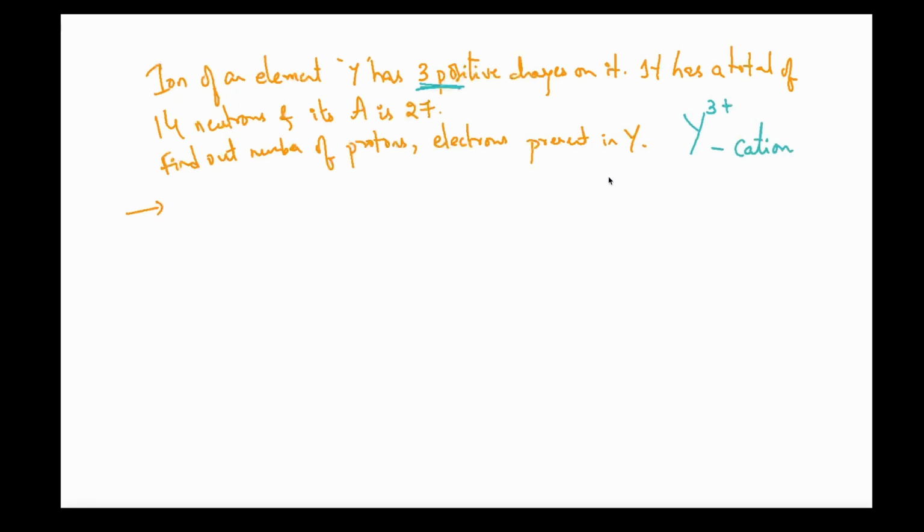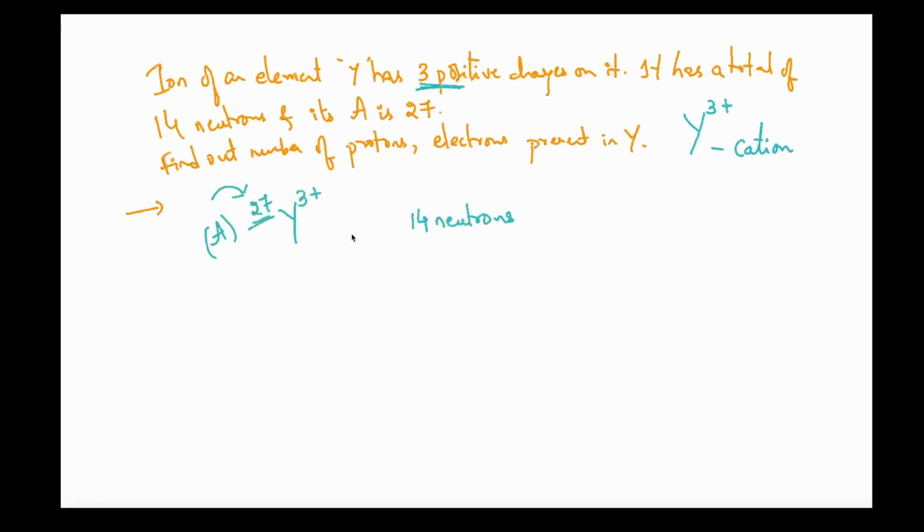It has a total of 14 neutrons, and its mass number is 27. Mass number is always written as the superscript on the left. So the mass number here, which is designated by A, is 27.